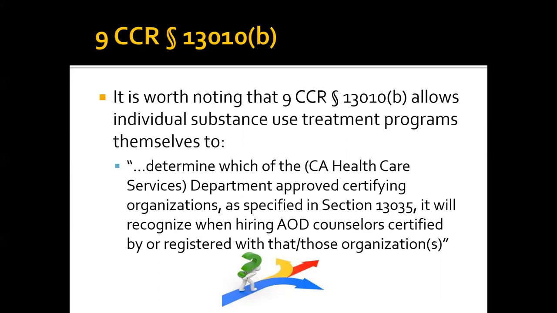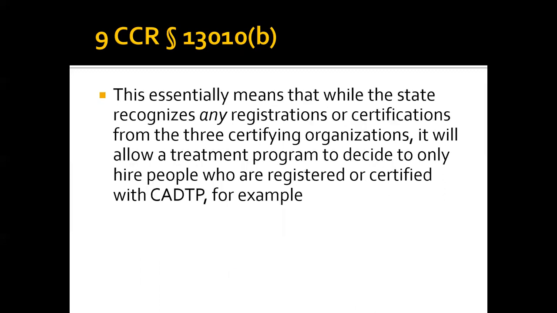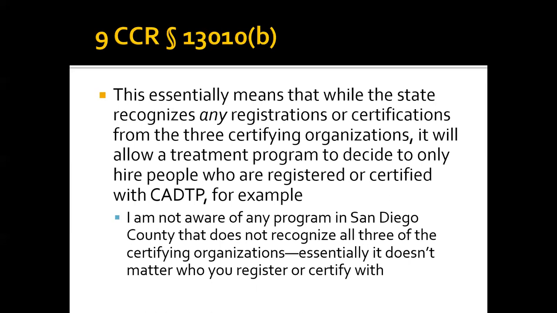Boy, that sounds like legal speak right there. Basically what it means is that while the state recognizes any registrations or certifications from any of the 3 certifying organizations, the state will allow an individual treatment program to decide to only hire people who are registered or certified with CADTP, for example. However, I am not aware of any program in San Diego County that does not recognize all 3 of the certifying organizations.